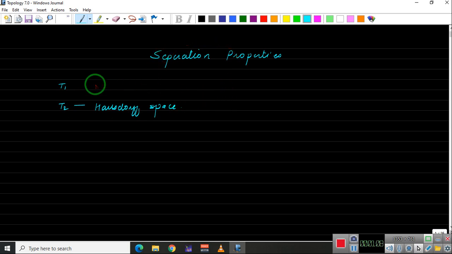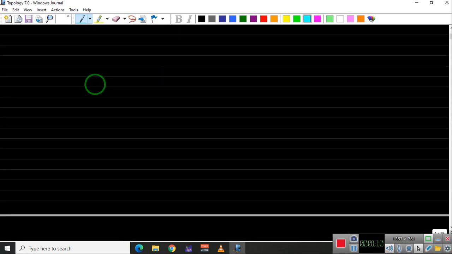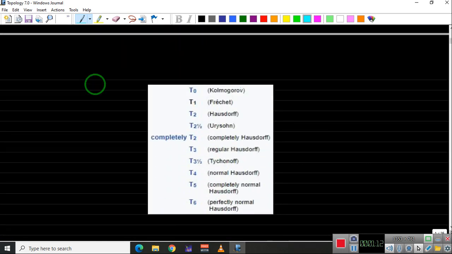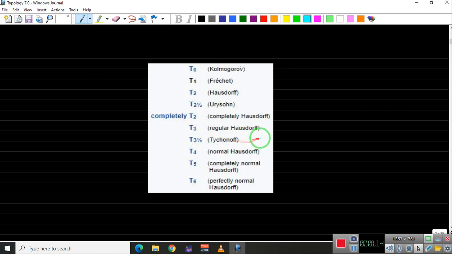Not only T1, T2, we have other properties, other examples, other spaces. Those are called T0. Then we have T1, which is also called Fréchet. T2 is called Hausdorff. Then T2 and a half, that is Urysohn. Then completely Hausdorff space, regular Hausdorff space.